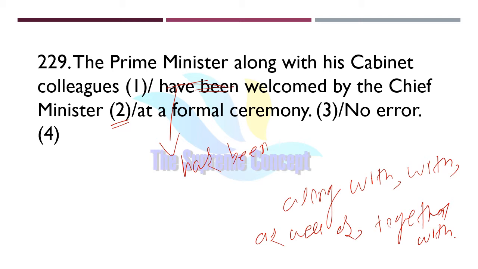Suppose here, as you can see, along with is used. Before along with, the prime minister is the first subject, and then his cabinet colleagues is the second subject. So as per the first subject, the verb will be 'has been', not 'have been'.